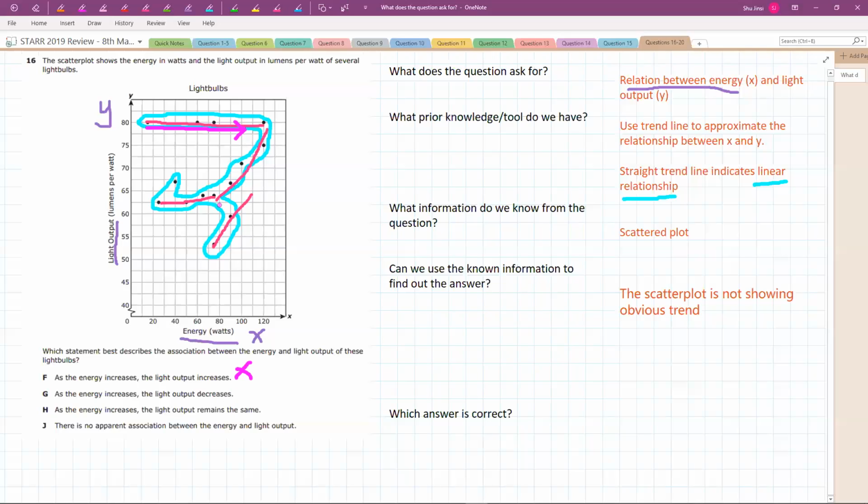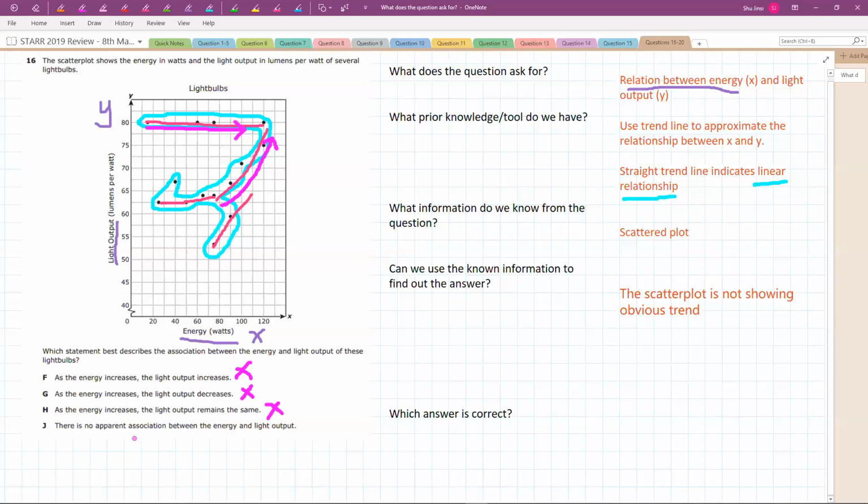Well, it's not true. On this part, when the energy increases, the light output increases. So this is not true as well. H says, as the energy increases, the light output remains the same. On this part, when the energy increases, the light output also increases, so it's not remaining the same. So this is also not true.